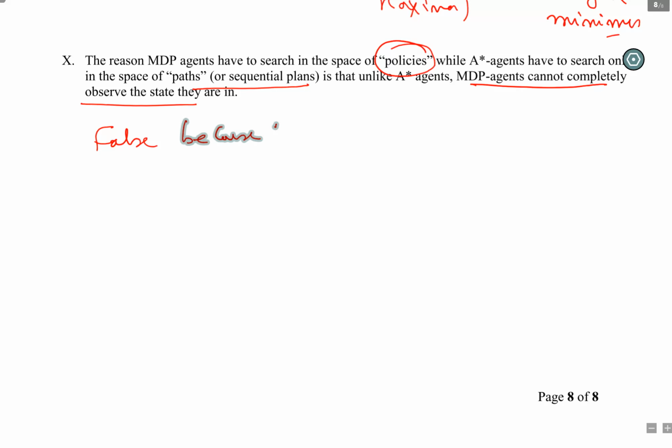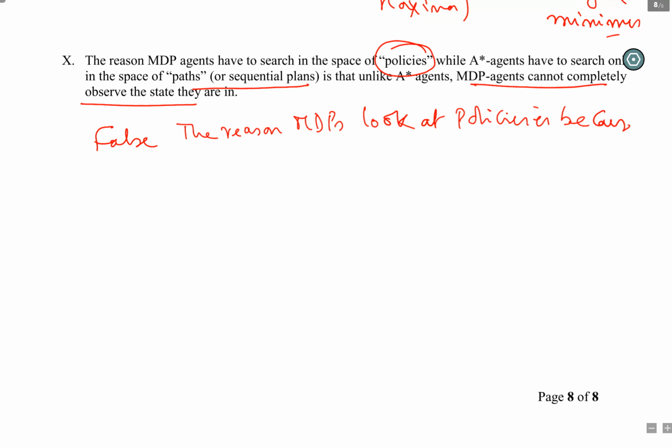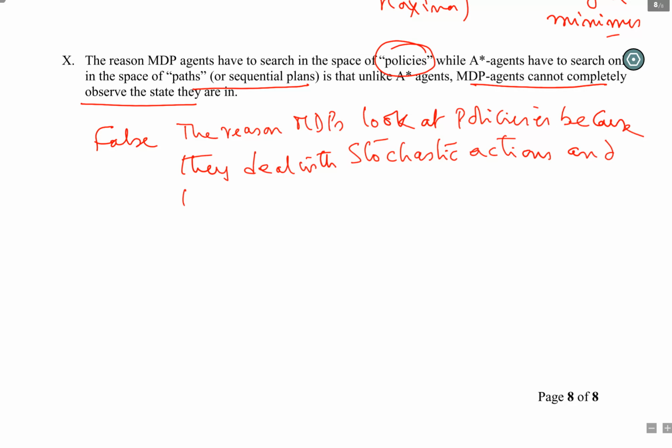False, and the reason MDPs look at policies is because they deal with stochastic actions and can't be certain about the state after.